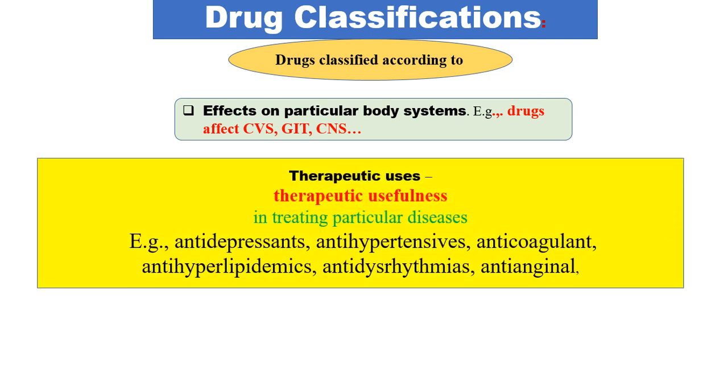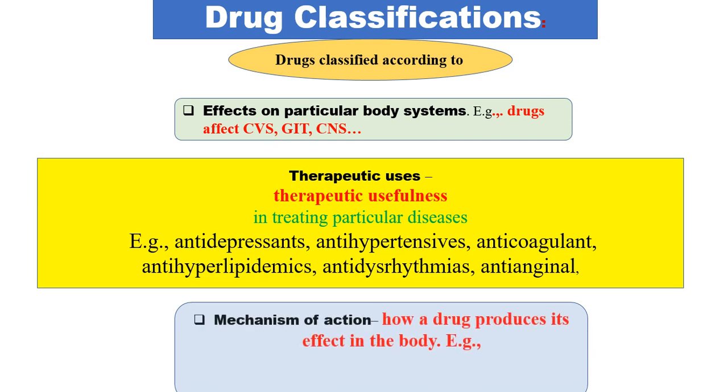As examples we have antidepressant, antihypertensive, anticoagulant, or antilipidemic. All these are examples of the systemic classification of the drug.